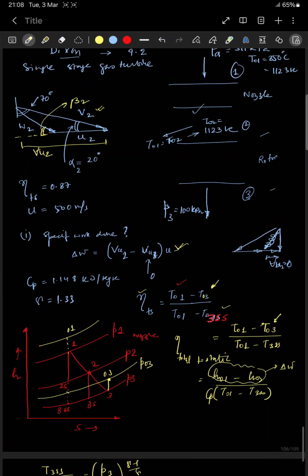And this outer triangle, this is V2, this is W2, this is U, and this is W3 actually. Anyways, let me make it beta 1. Okay.